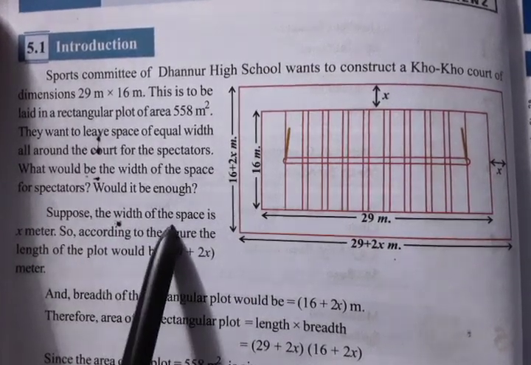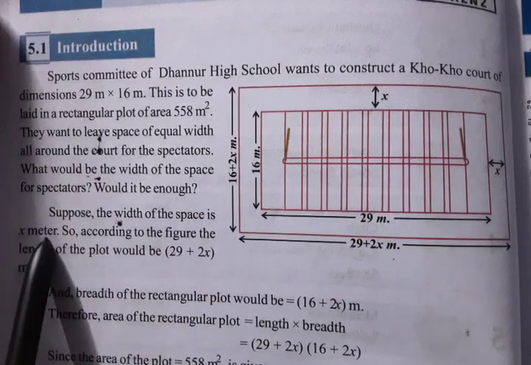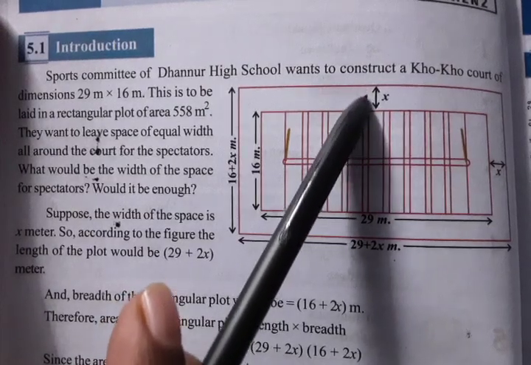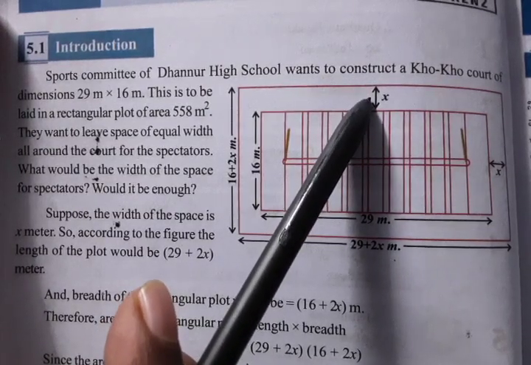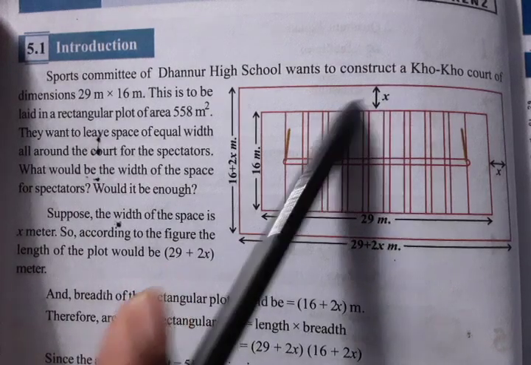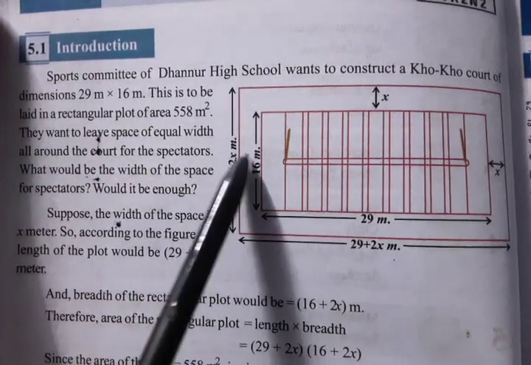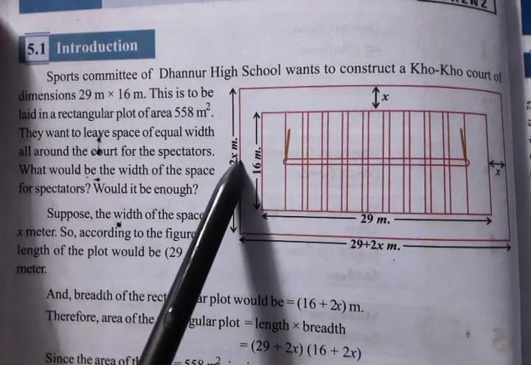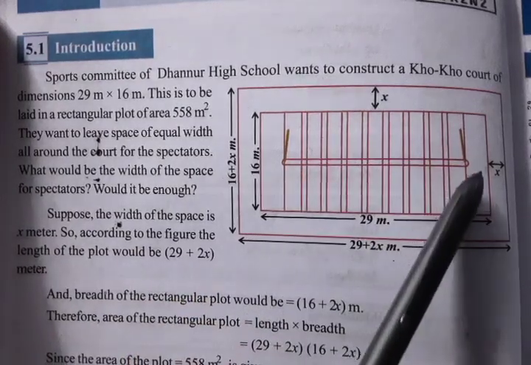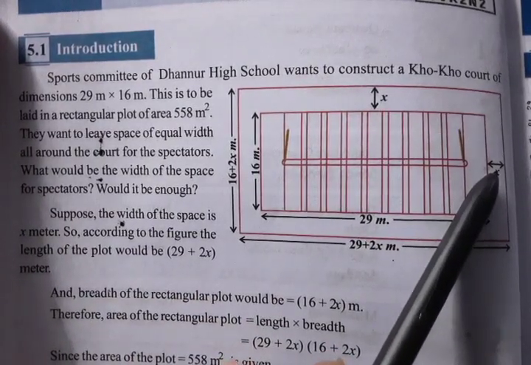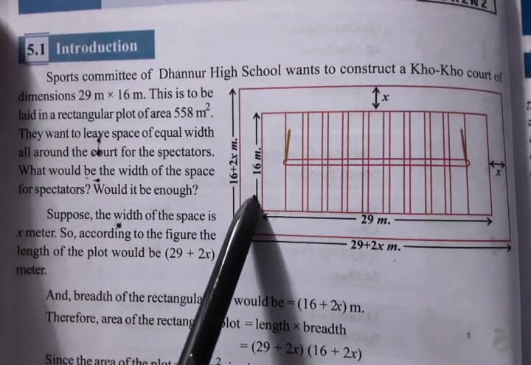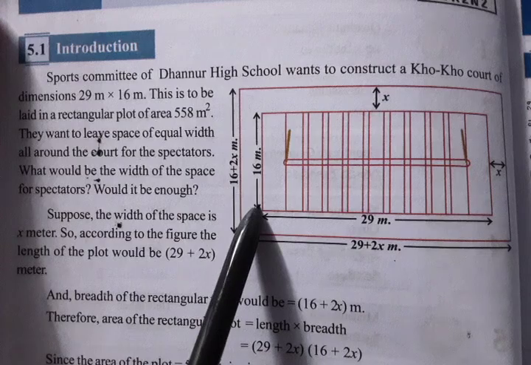Suppose the width of the space is x meters. They want to leave space of x meters on all the sides. The width of the court is 16 meters.